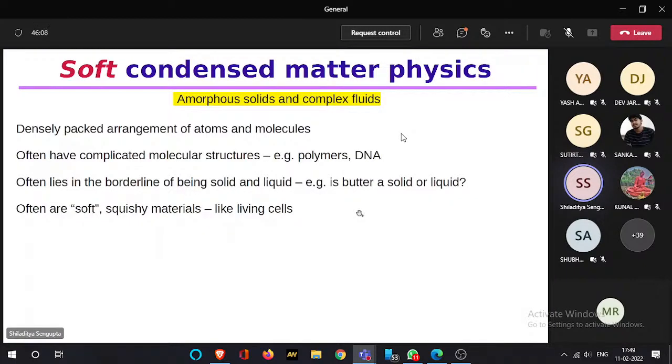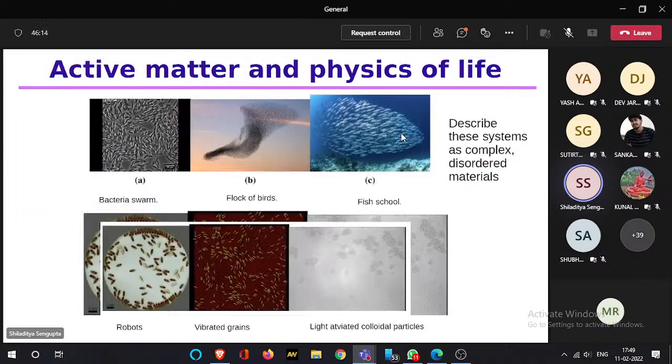Then there are other things like these living cells. So this is another important part. Let me show you this. What I show you on the top is a collection of bacteria. Here is a collection of birds. This is a collection of fish. And at the bottom you have a collection of robots, nano robots, some grains vibrating, some light-activated colloid particles.